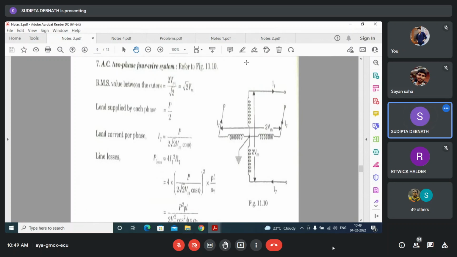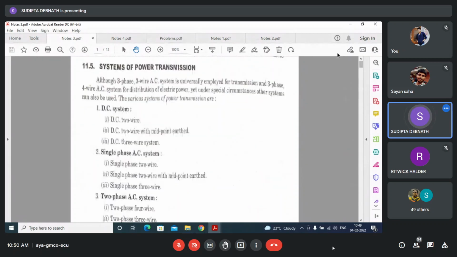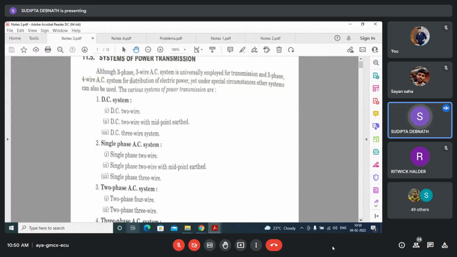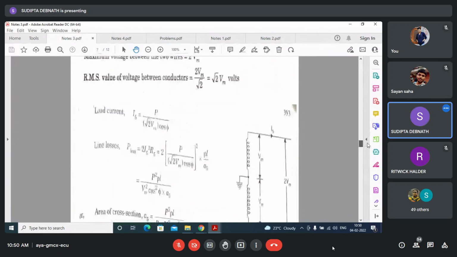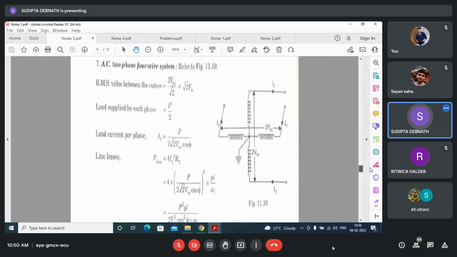And there are two methods for the AC two-phase system. What are the two methods? The two-phase 4-wire system and the two-phase 3-wire system. The two-phase 4-wire system is simple. You can understand that there are 2 wires for each phase.